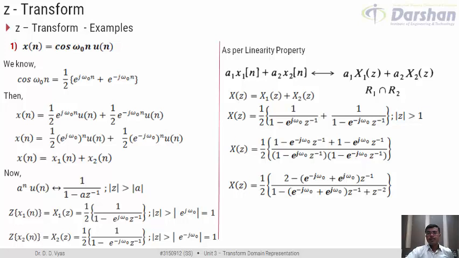Right? Now we know that cos omega 0 n is equal to 1 by 2 times e raised to power j omega 0 n plus e raised to power minus j omega 0 n, then what would this form be? Understand that this is e raised to power minus j omega 0 plus e raised to power j omega 0. We don't have n here, and we don't have the 1 by 2 multiplying factor. So this 2 basically goes here.